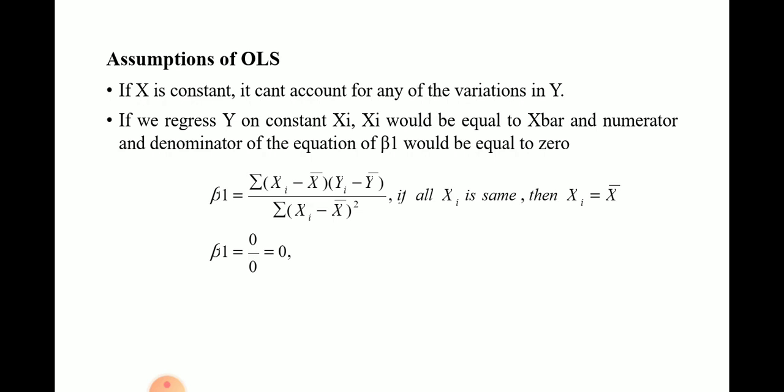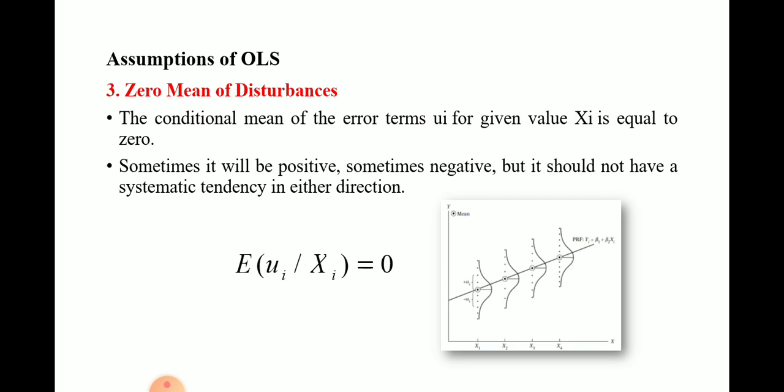So we cannot estimate beta 1 if all the values of x are the same. That's why we assume non-stochasticity of xi, which means the value of xi should vary within the sample.